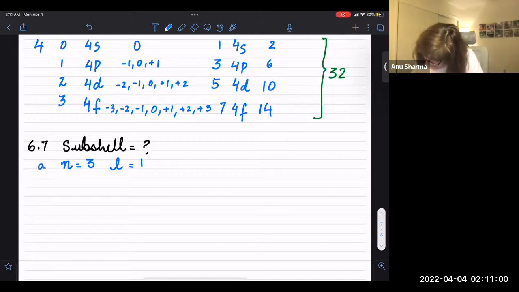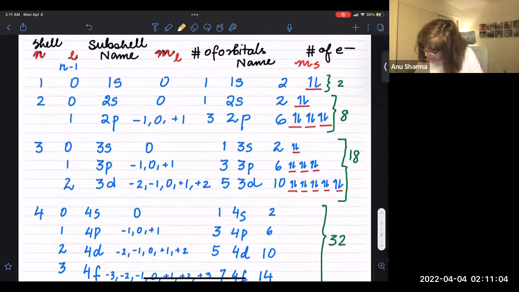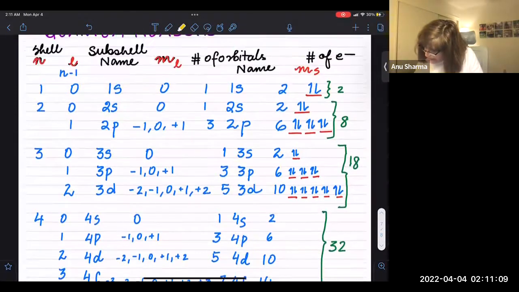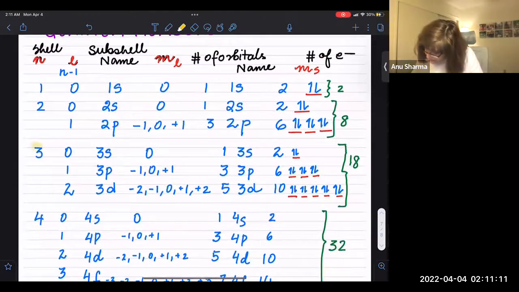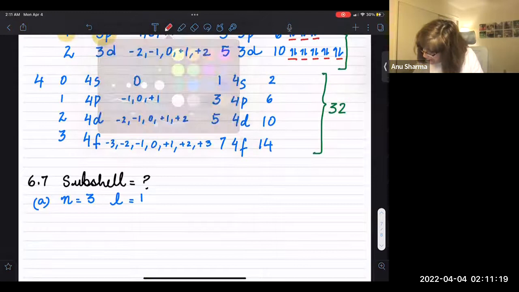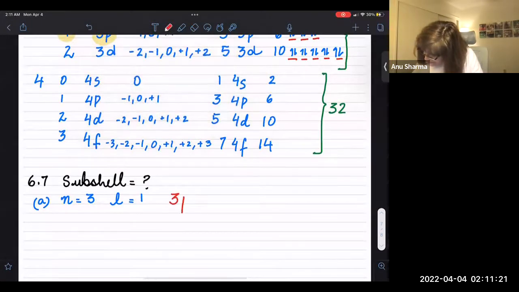So let's locate this: n equals 3 and l equals 1. The name of that subshell is 3p, so this is present in 3p.